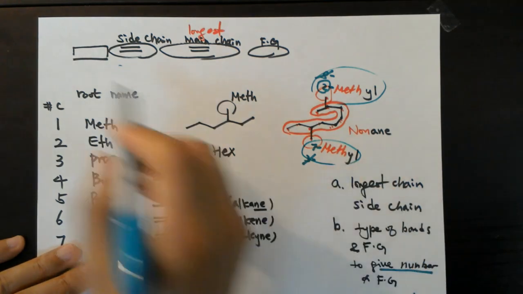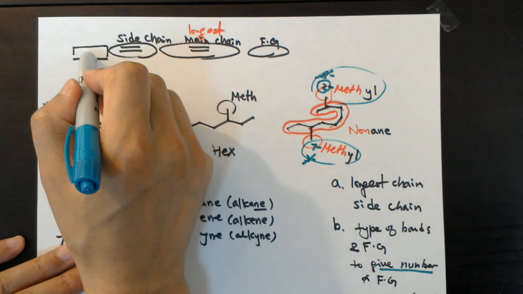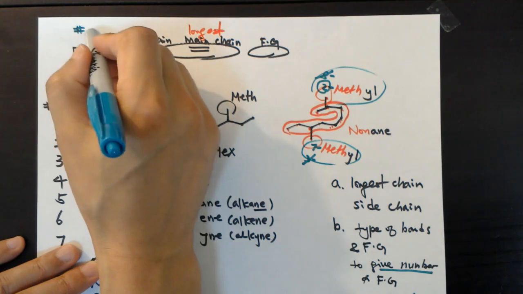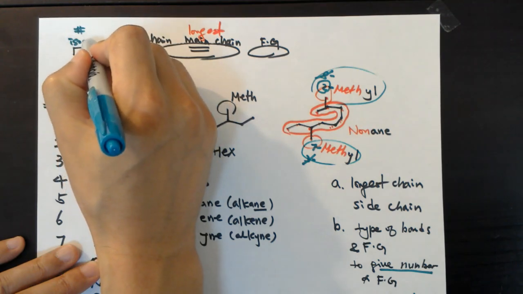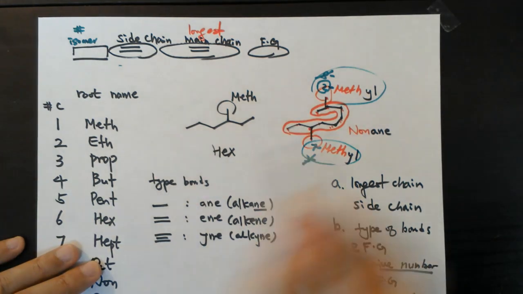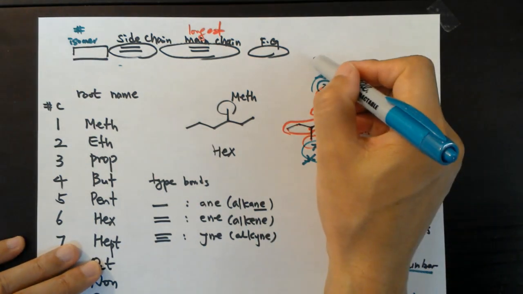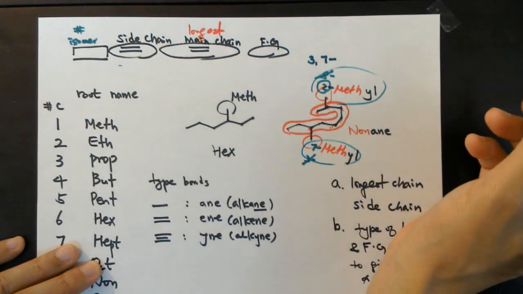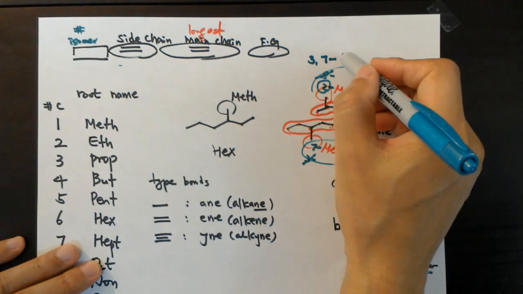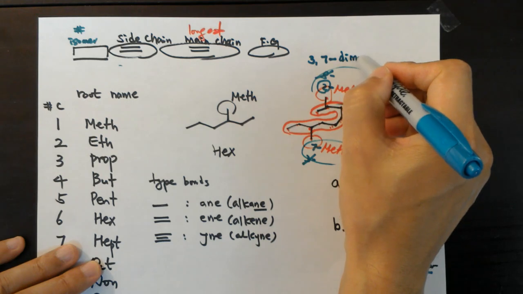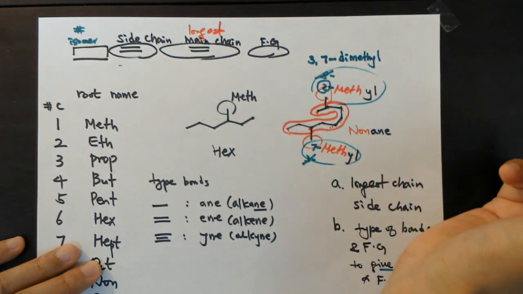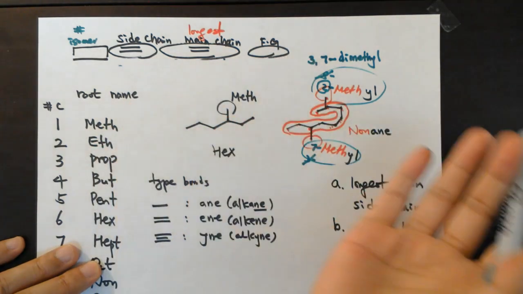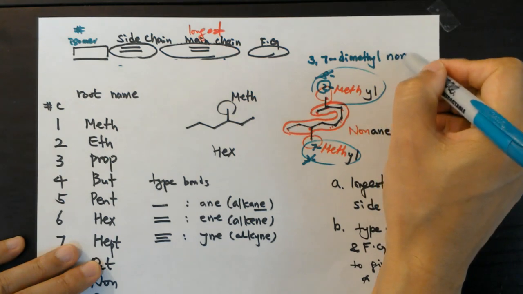But you put number first, and the isomer information here. So you put 3, 7 with a comma, then hyphen between number and the letter, then dimethyl. So we did side chain, then you put the main chain with a functional group, which we don't have in this case, so nonane.